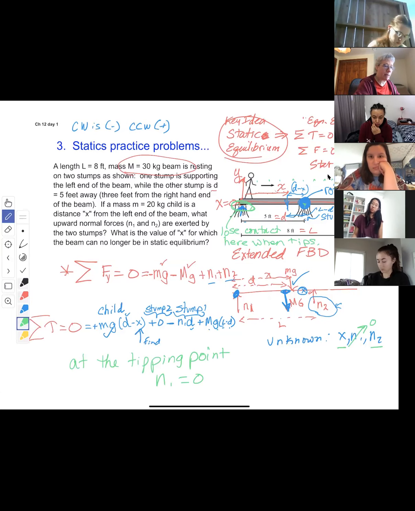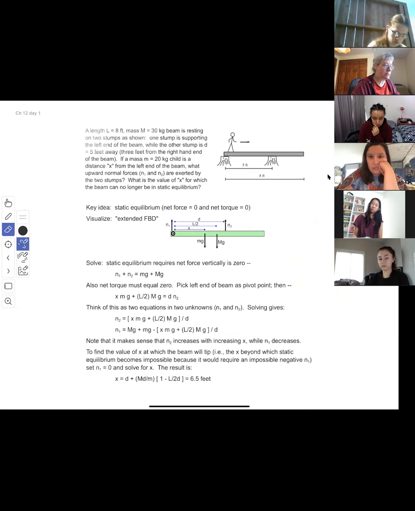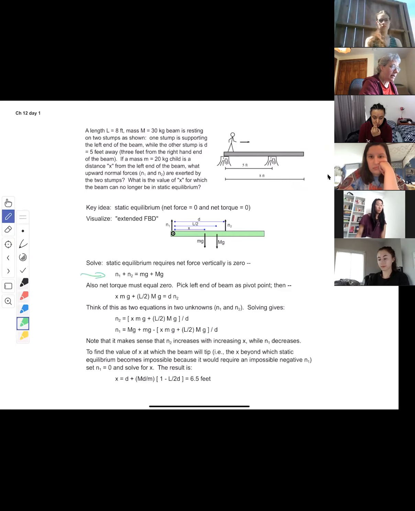However, I will point out that in the slides, which I'm posting after class, there's a solution written up much more neatly than mine. This is the equation that comes from the sum of the torques equals 0, and the sum of the forces equals 0.